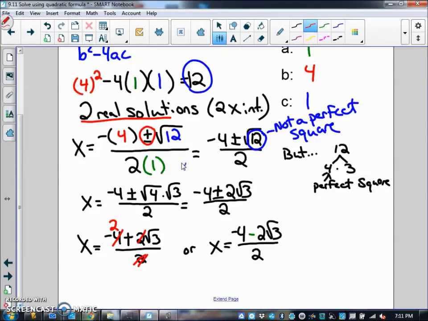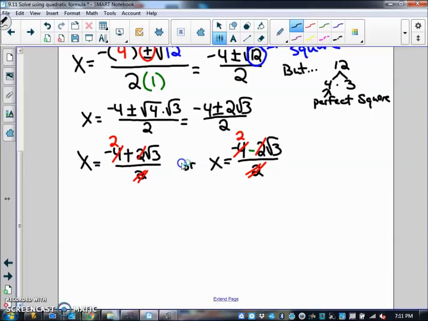And we'll do the same over here. 2 cancels out both 2's. The 2's reduce 4 by 2. And what I end up with is x is equal to negative 2 plus radical 3, or negative 2 minus radical 3. These are known as our radical answers.